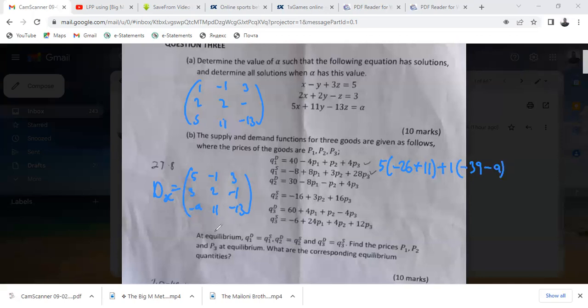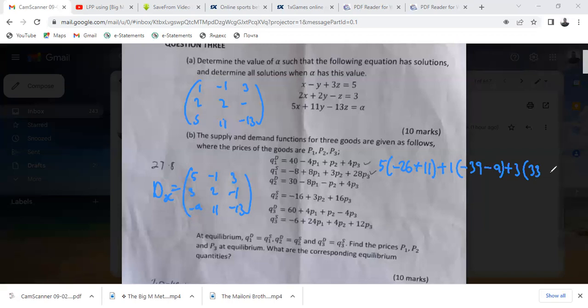Then you go to the next one, it will be plus 3. Then you're going to have 33.